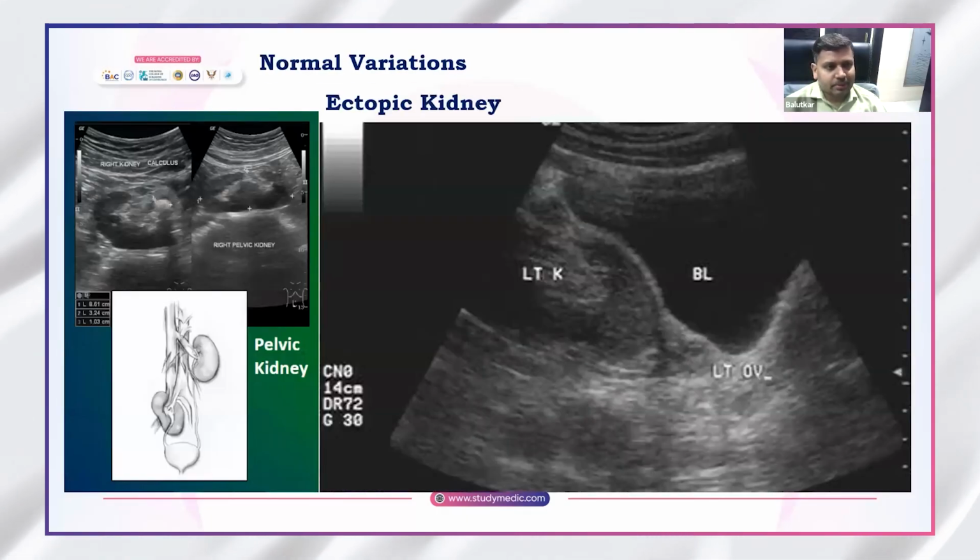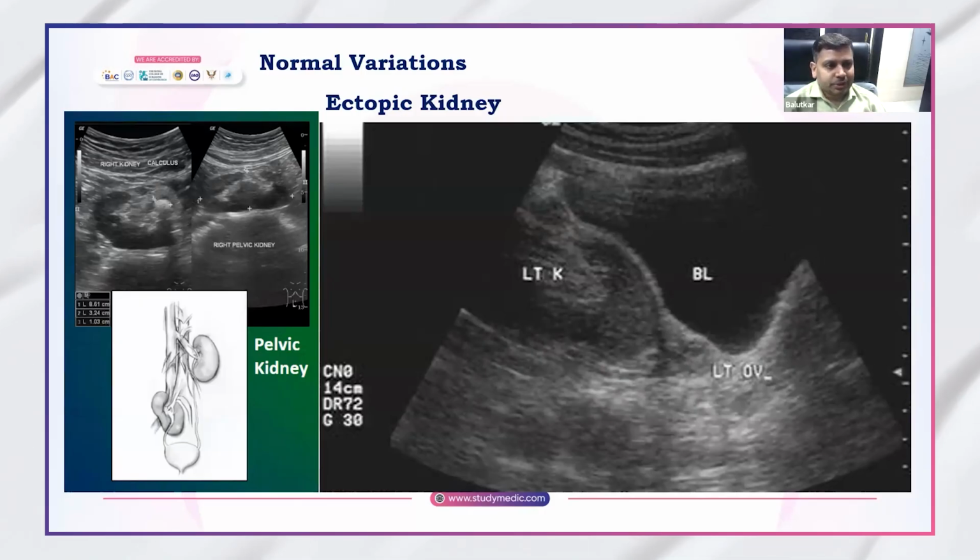Ectopic kidney is a very common pathology we encounter during routine ultrasound examination. Once you are not able to visualize the kidney in its normal anatomical position, always look for the kidney in its ectopic position. The ectopic position can be variable. It can be in the lower lumbar region, the prevertebral region, or the pelvic region.